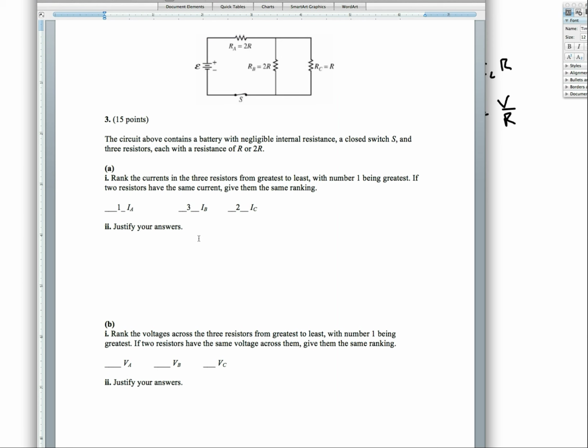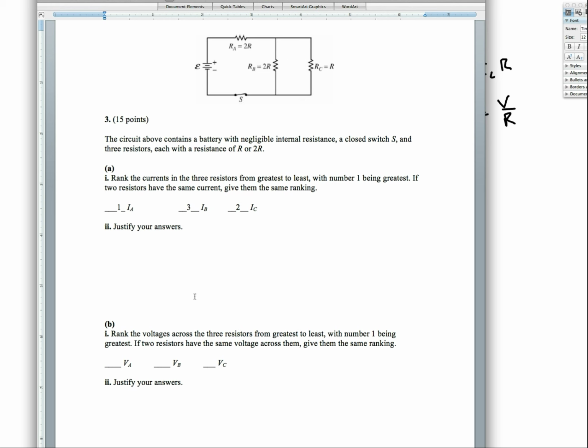Now, for the justify your answer, you can utilize the fact that Kirchhoff's rule, the loop rule, says that the current in has to equal the current out, and also state that anything in parallel receives the same amount of voltage, and then go V equals IR, just like I was explaining.